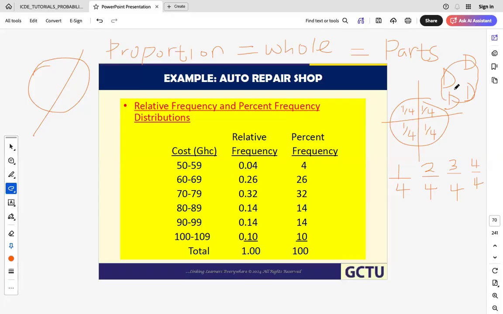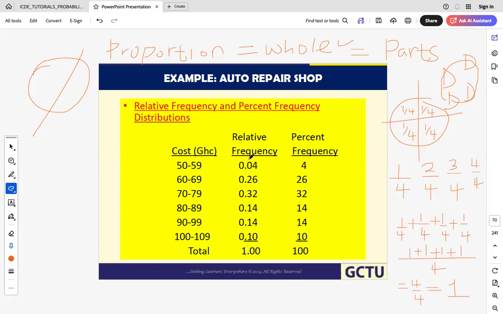They were parts. We want to put them together to get a whole again. We take the first 1 out of 4, add it to the second 1 out of 4, the third 1 out of 4, and then the last 1 out of 4. When you find the LCM for this, you have 4, and 1 plus 1 plus 1 plus 1 gives 4 out of 4, which brings you back to the whole, 1.